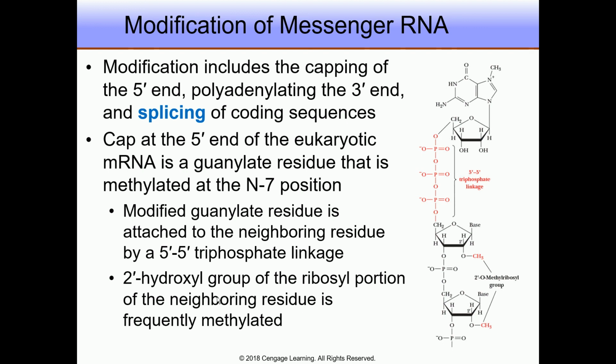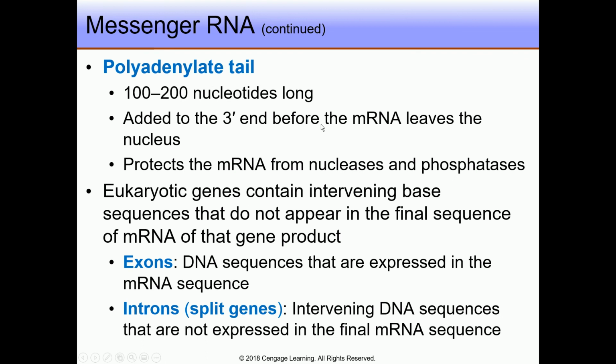First of all, the two ends of the mRNA, the 5' and 3' ends, need to be modified. On the 5' end a cap is added, which is basically a modified form of guanine, and on the 3' side a poly A tail is attached. It's a long chain of adenines attached on the 3' side.